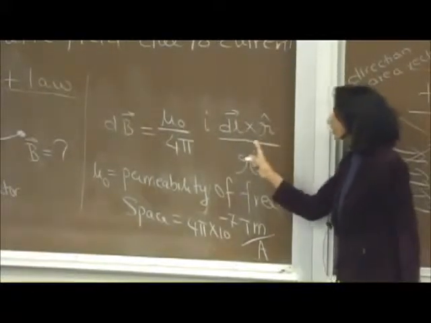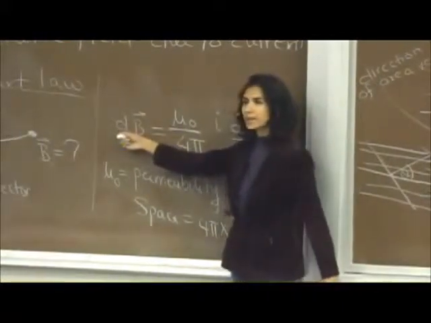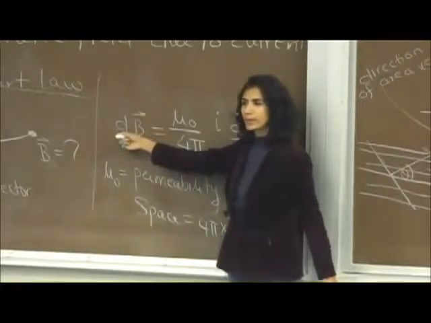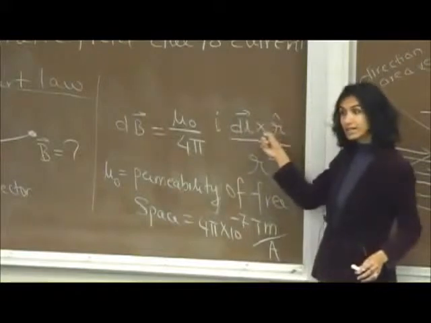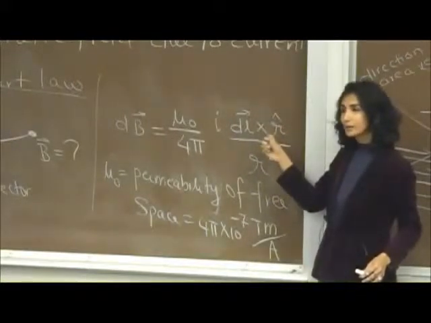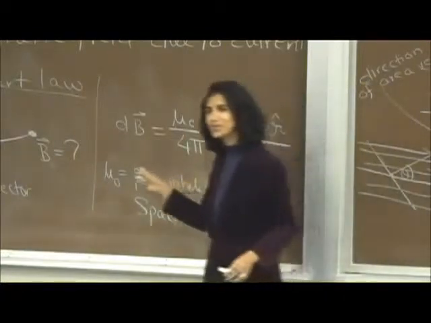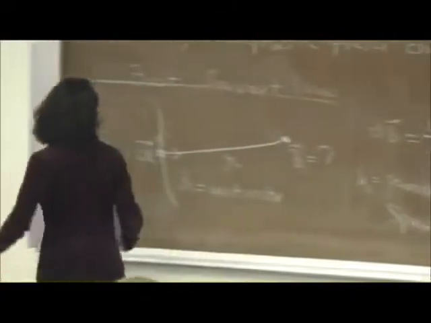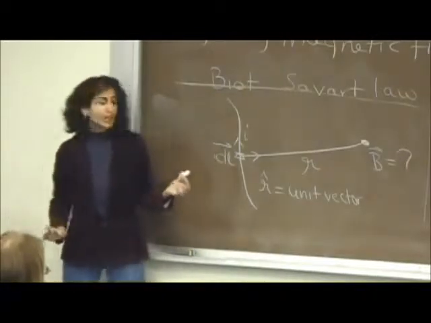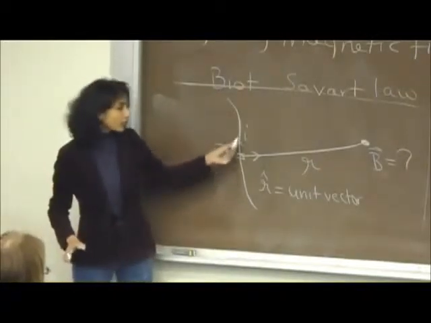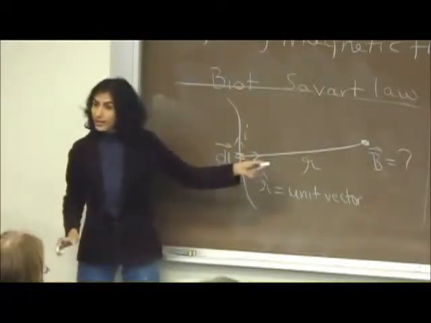Can you tell me the direction of the magnetic field, dB? You can use your right hand rule. It's dl cross r hat, right? How would you do it? Put your fingers in the direction. First of all, the magnetic field will be perpendicular to dl and it will be perpendicular to r hat, right?